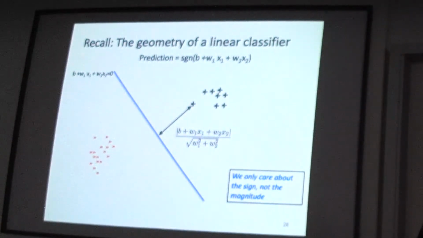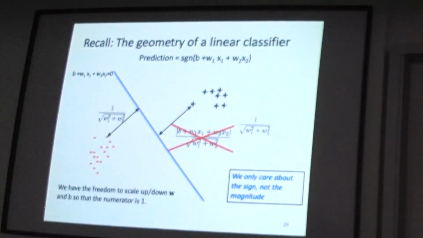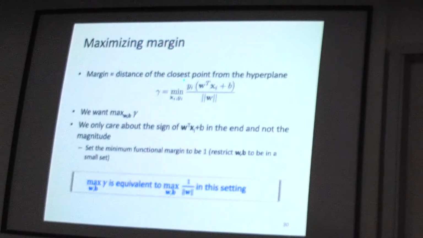Now that it is redundant, why should we make our search space the entire set of possible choices of W and B? Why not just restrict them to a small subset? But what subset of W and B should we use? Here, we're going to choose the space of W and B such that the inner minimization of this numerator is simply 1.